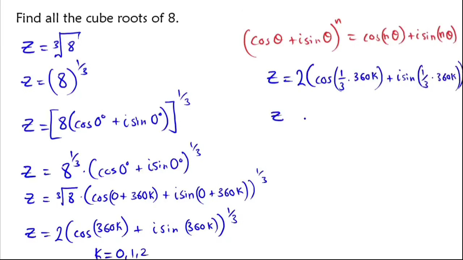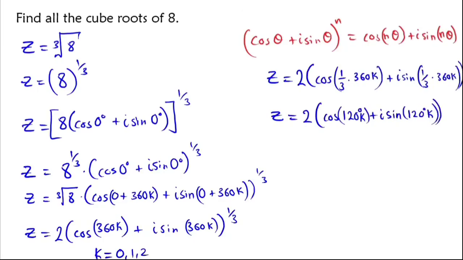This means that z is equal to 2, open bracket, cos. 3 can go into 360. Remember, we're dividing 360 by 3, and that gives us 120. So cos 120k degrees plus i sine 120k, like this.